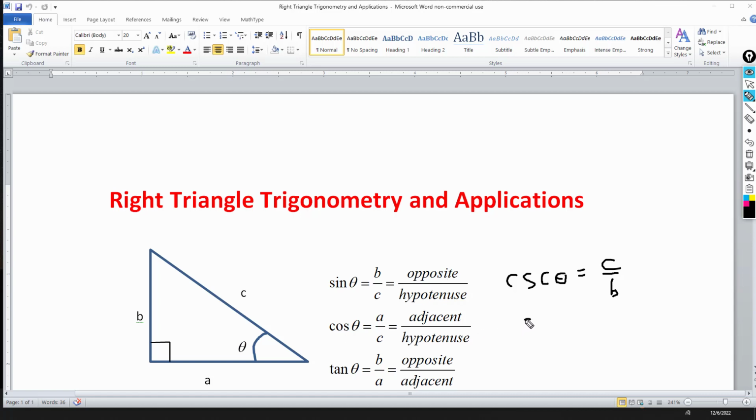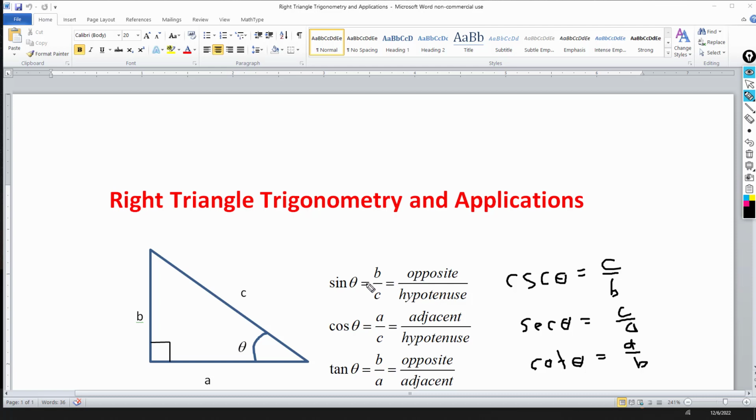For the secant of angle theta, instead of A over C, it's C over A, or hypotenuse over the adjacent. And the cotangent of theta, instead of B over A, it's A over B, or adjacent over the opposite side.